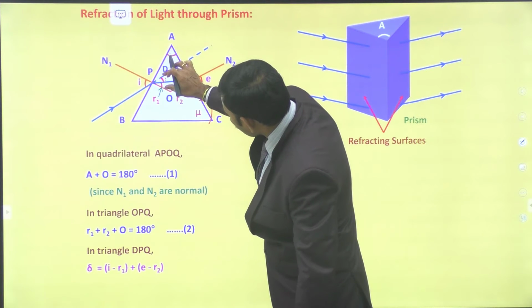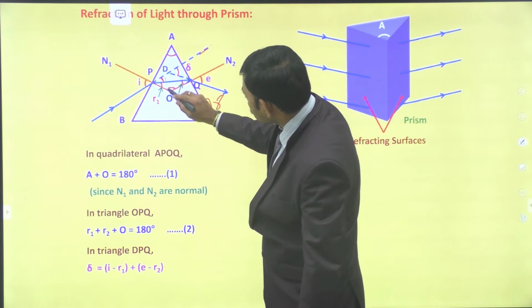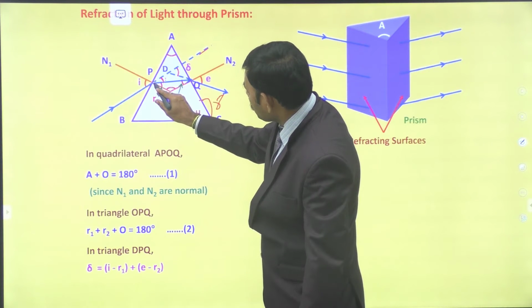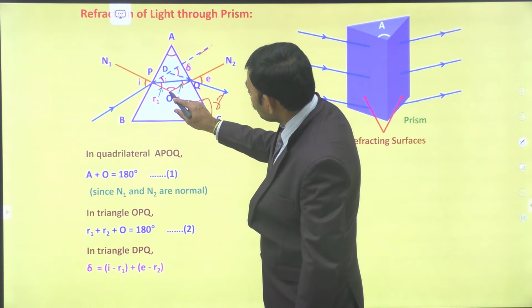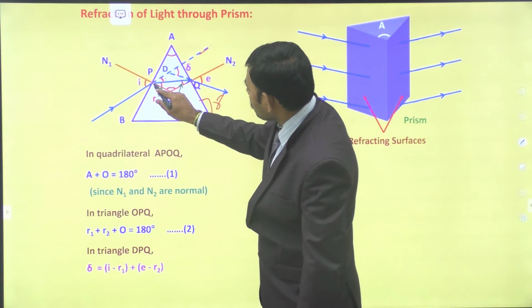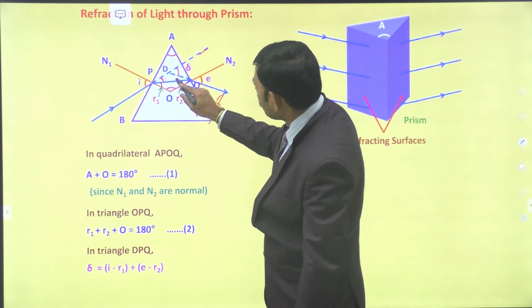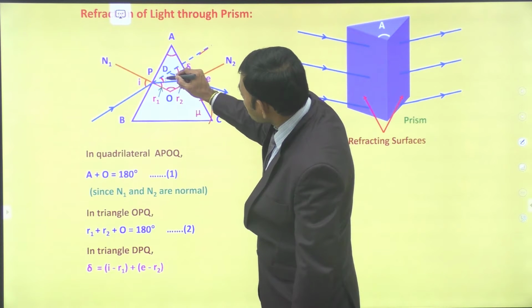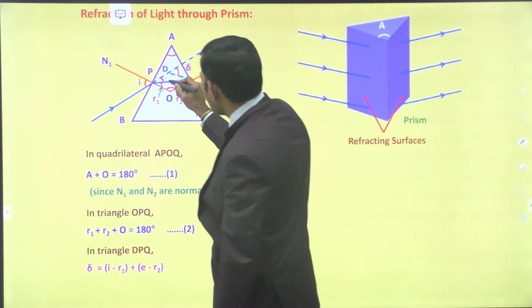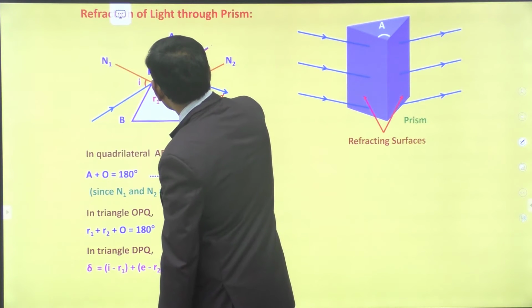This angle is also equal to I. This extended line of incident ray makes angle I with PO. Then as this is R1, the angle made by the extended line with refracted ray, this part is considered as I minus R1. Hence this is I minus R1.